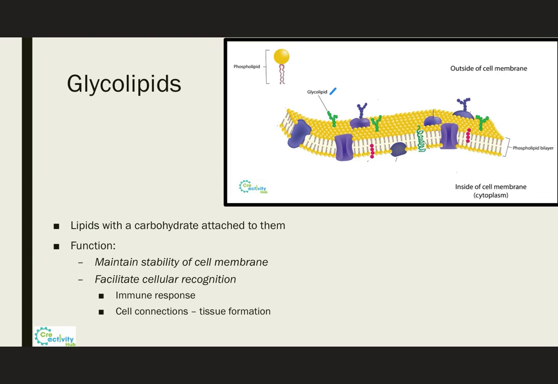And some of these molecules function as receptors. So when a membrane receptor binds to a specific molecule in the extracellular fluid, the membrane receptor will trigger a change in the cellular activity. Now, the main function of a glycolipid is to maintain the stability of the cell membrane, and glycolipids are also important for cell recognition and for connecting cells to form tissues.